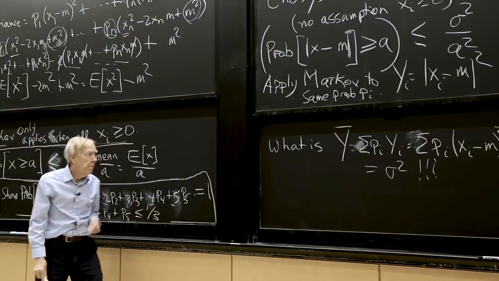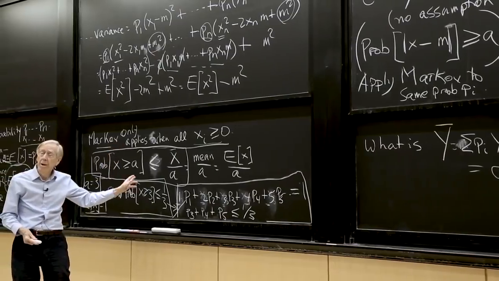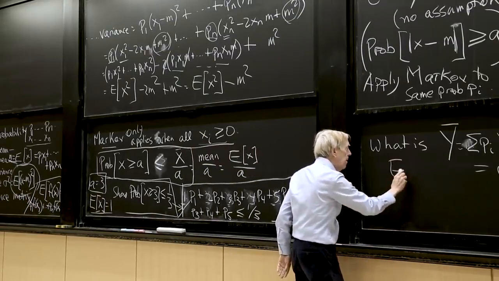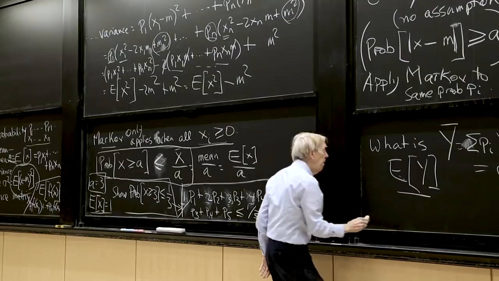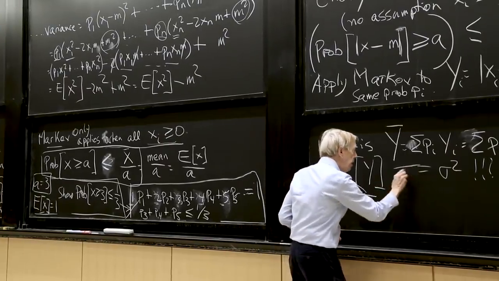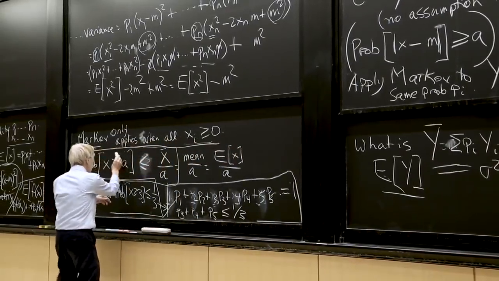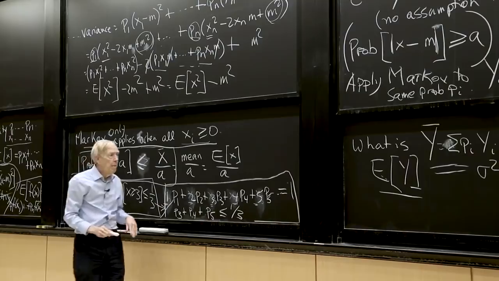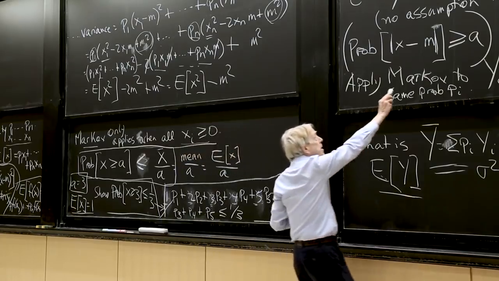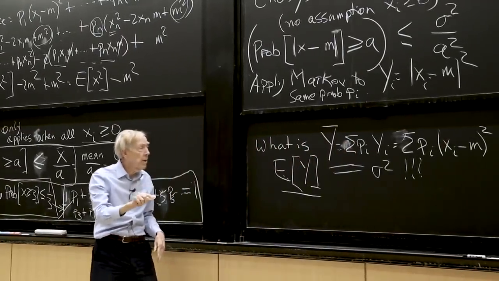Okay, so do you see that now Chebyshev is looking like Markov? Over here, I want the expected value of y, and the expected y is going to be sigma squared. And now what do I have to divide by? I want the probability of this thing being bigger than a, but now I'm looking at the y's. If the absolute value of x minus m is greater than or equal to a, then xi minus m squared is greater or equal to a squared.